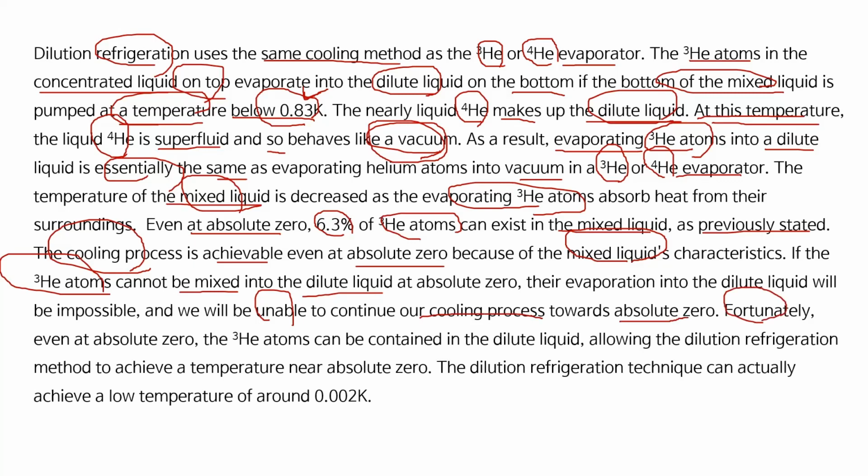Fortunately, even at absolute zero, the helium-3 atoms can be contained in the dilute liquid, allowing the dilution refrigeration method to achieve a temperature near absolute zero. The dilution refrigeration technique can actually achieve a low temperature of around 0.002 Kelvin, so 2 millikelvin.